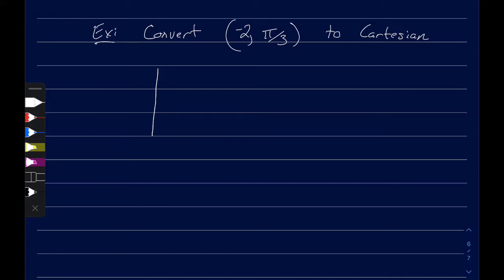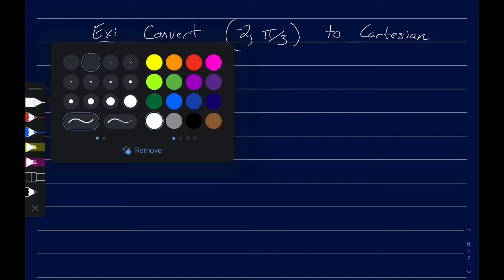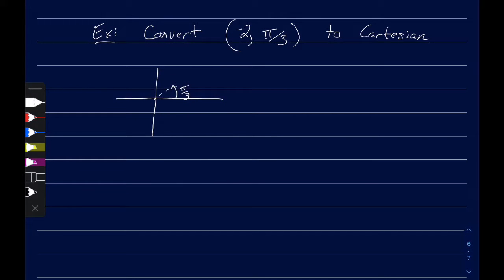So suppose we wanted to convert negative 2, pi over 3 to Cartesian. Well, we know we go up pi over 3, but instead of going up along the line, we're going down because it's negative 2. So this point is negative 2, pi over 3 in polar.